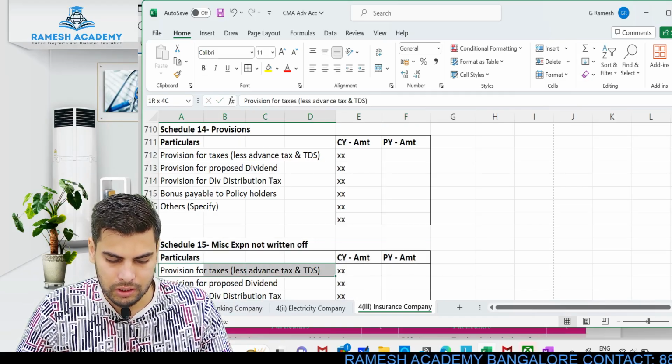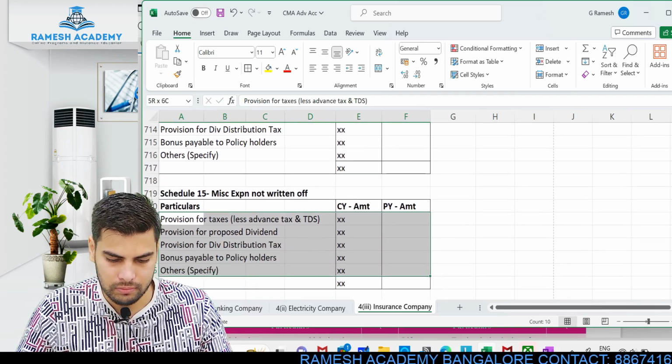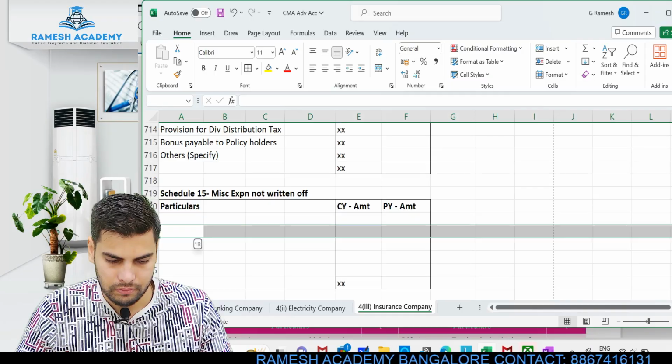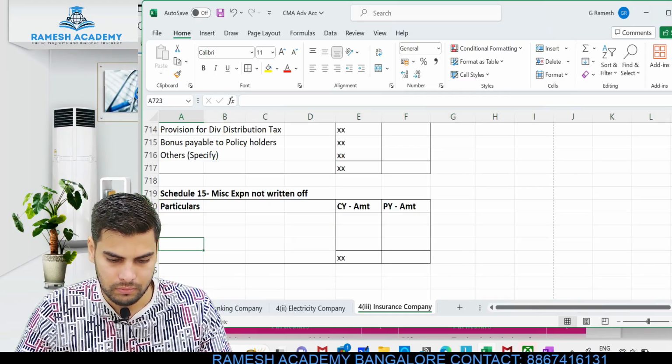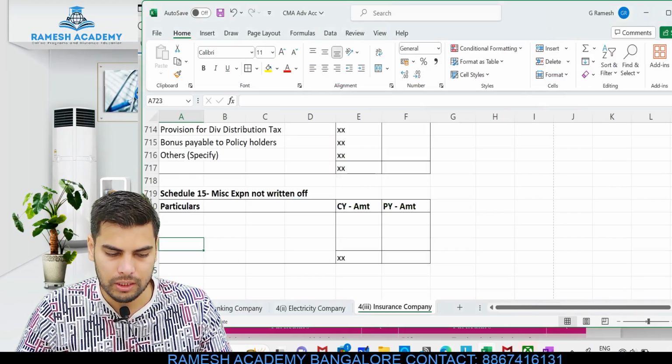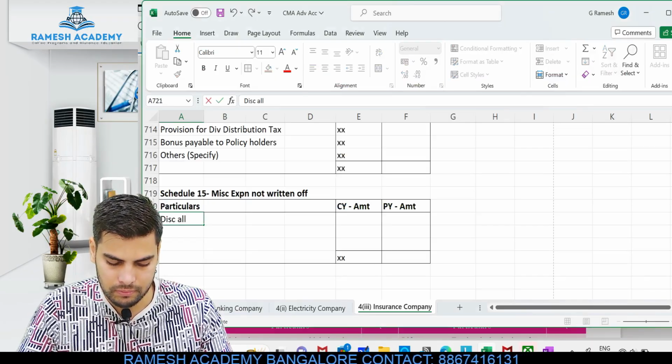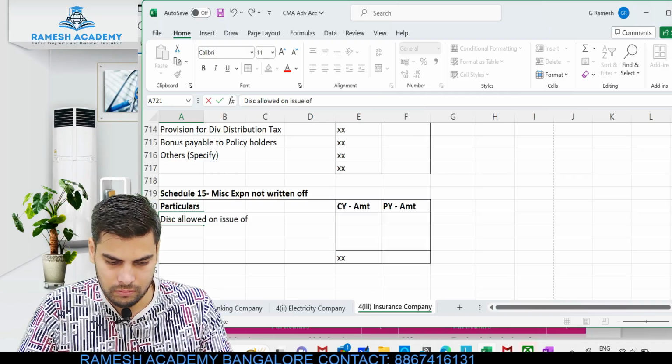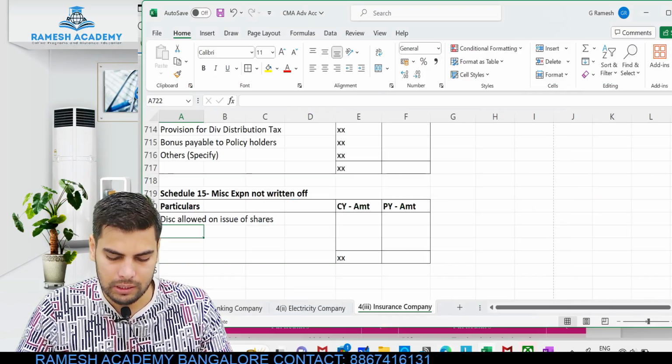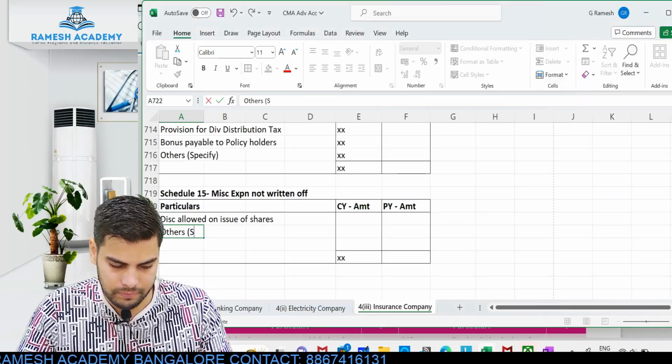So here we have got just two things. One would be the discount allowed on issue of shares, and then if at all there is any others, specify the same.